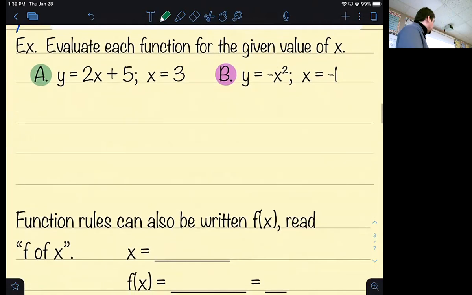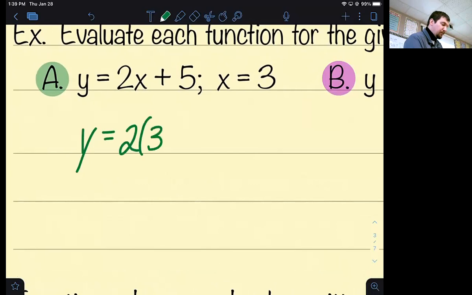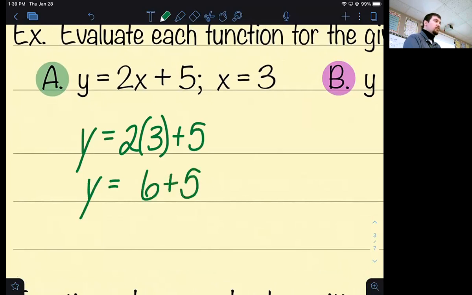Now, on your work papers for homework questions like this, I need you to show some work here. So let's say I get a problem like this. Devin, did you ask me about one like this? Devin said, when I write this on my paper, do I need to write that I'm plugging the 3 in for x in parentheses, or can I just write y equals 6 plus 5? And I said, if you just want to jump to y equals 6 plus 5, that's fine. What you can't jump to is y equals 11.